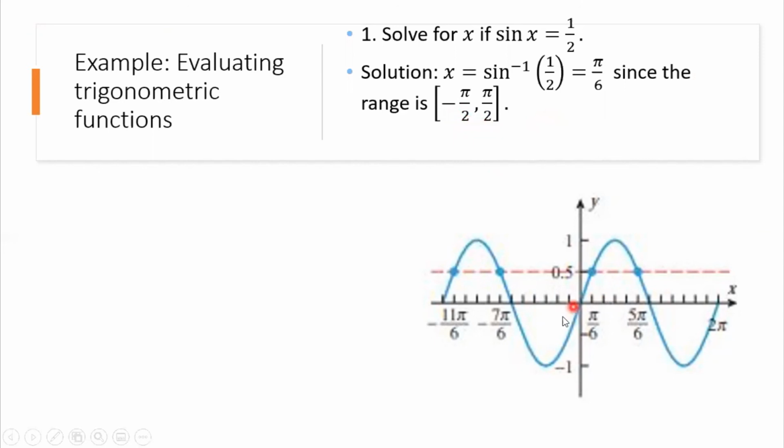So here, looking at this graph, this is the graph of sine. 1/2, the y value, which is 0.5. And what is the corresponding x value or the angle? It is pi over 6. So therefore, it is pi over 6.